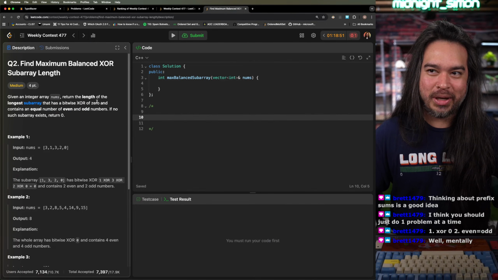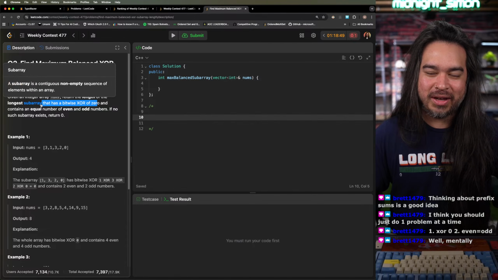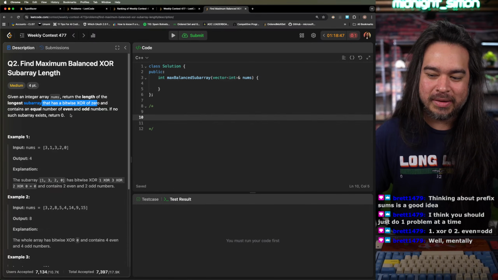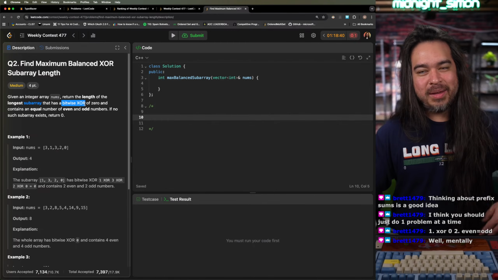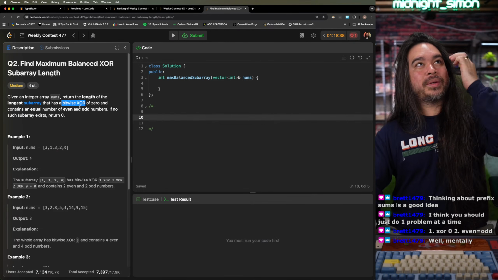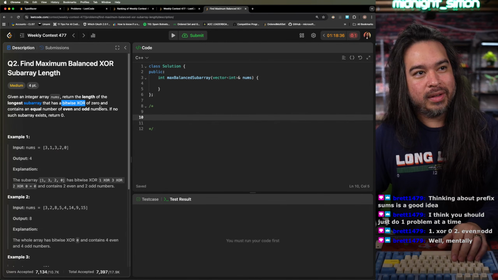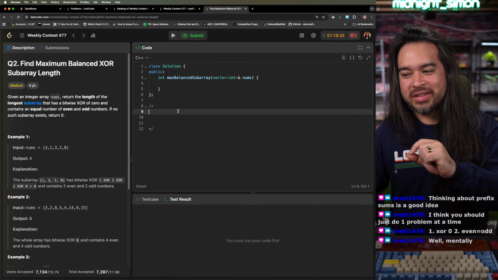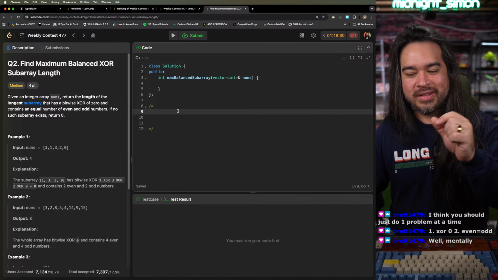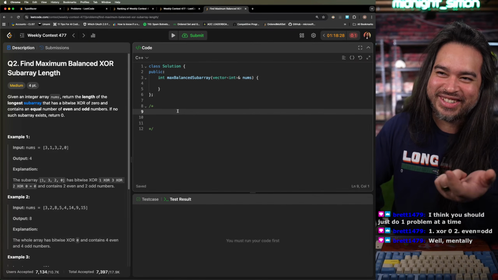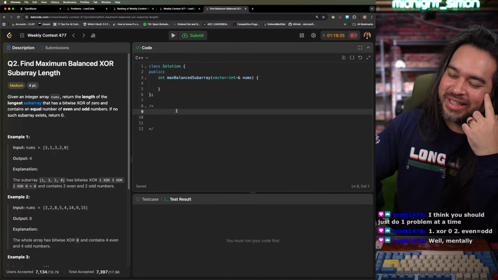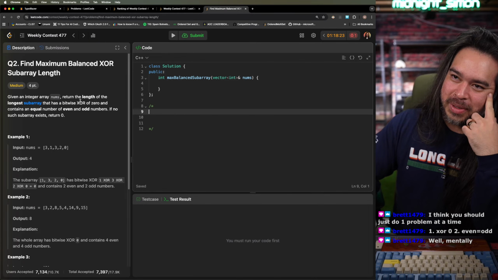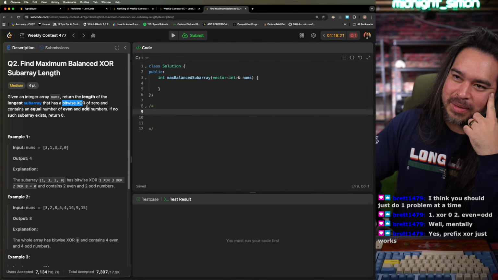Yeah, but I have not figured out how to solve the XOR by itself. I think the XOR, is it the same where you take the XOR and then your target is just the same XOR number? Is it just a double prefix sum, man? And then you just make sure that the indices are the same on them.